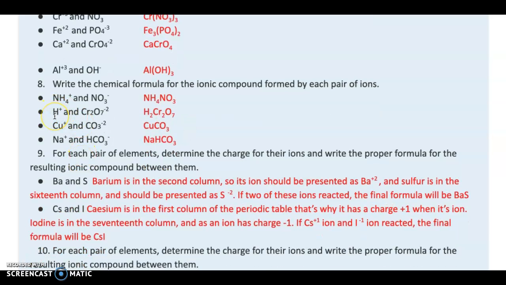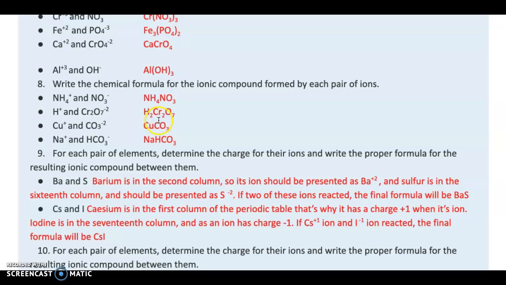Next one is a little bit different because over here we'll be adding 2 to your hydrogen. Hydrogen over here is a cation, has a positive charge, and this polyatomic ion has a -2 charge. So this 2 will go to hydrogen. You do not need parentheses for the first element, because it's just one ion.